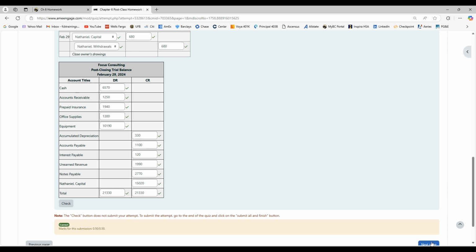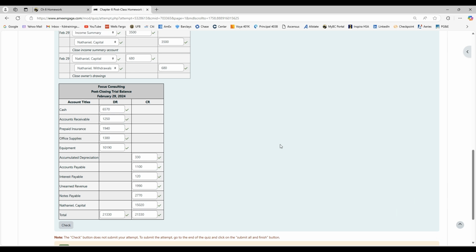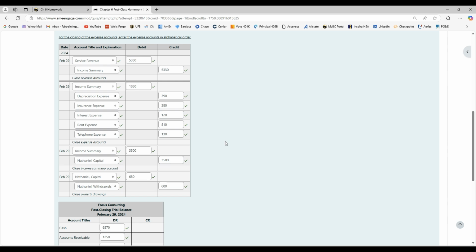So that does it. The trick I hope you take away from this, if you're struggling with the closing entries, is that it's always the same process: close revenue, close expenses, close the income summary to capital, and then close the draws.